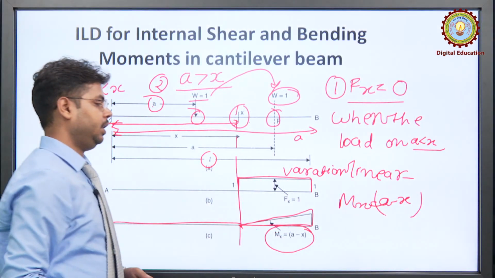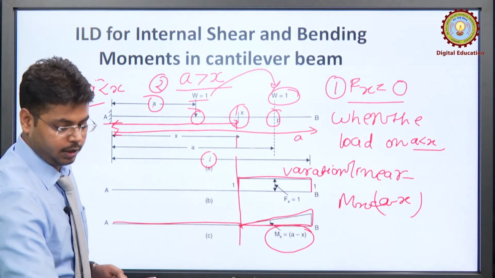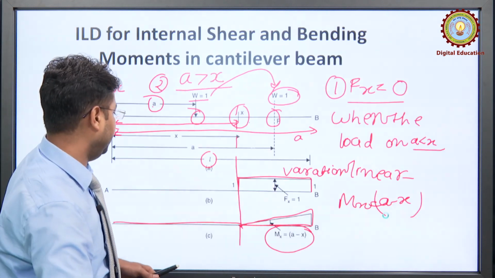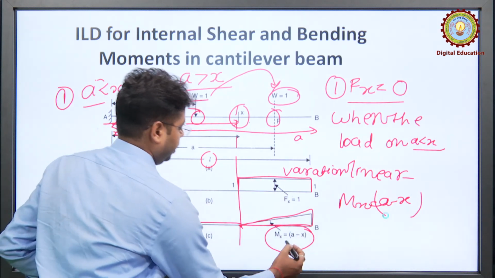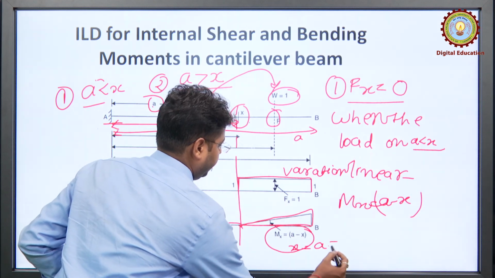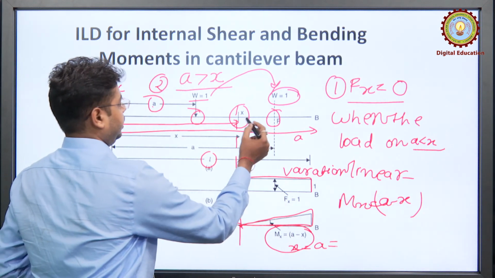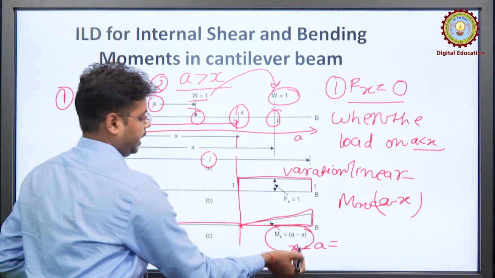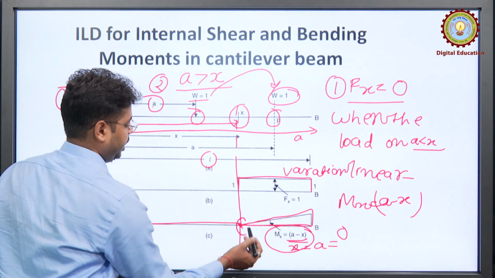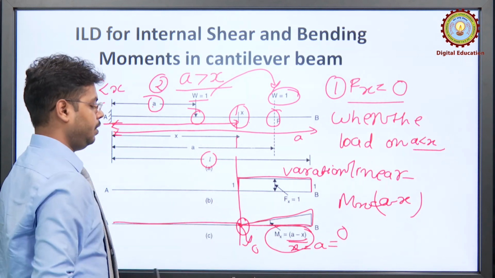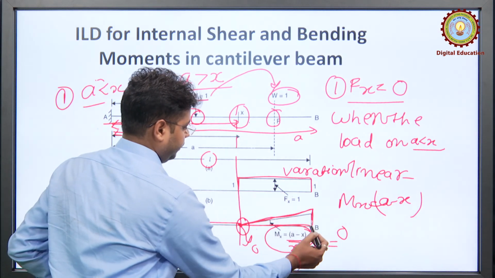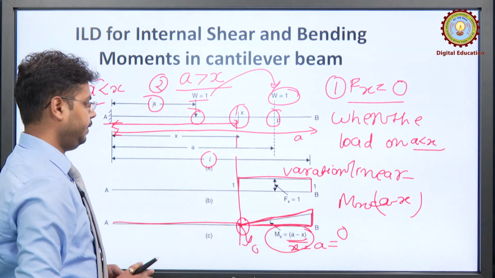Just put the value, for example x equal to a. When we put x equal to a here, the moment will become 0. Similarly, we take a linear variation, and the unity will come.